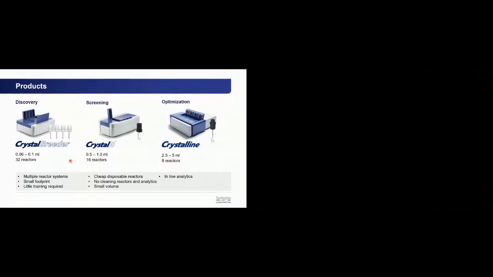All of these are multi-reactor systems with small footprints that are quite easy to use. All the reactors here are quite cheap and disposable. All our reactors have inline analytics, so there's no cleaning required after usage, and it's also small. So this is allowing you to get more information at the smaller scale.